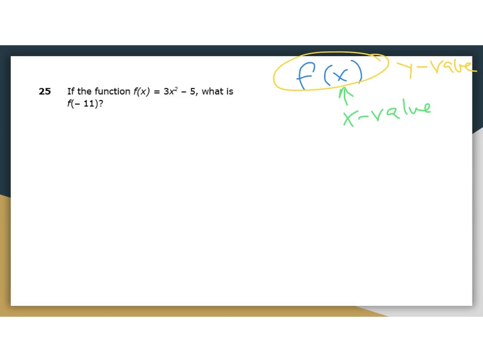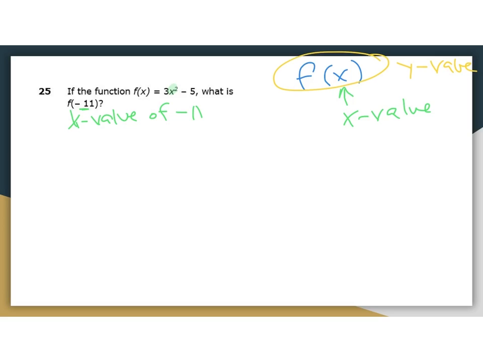So here we're looking at what is inside. So this is an x value of negative 11. And that is going to go in place of the x in the equation.